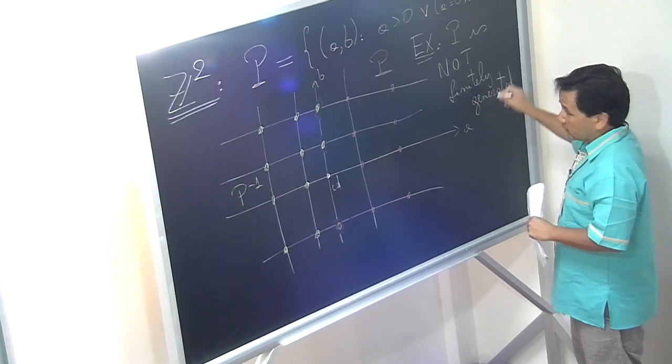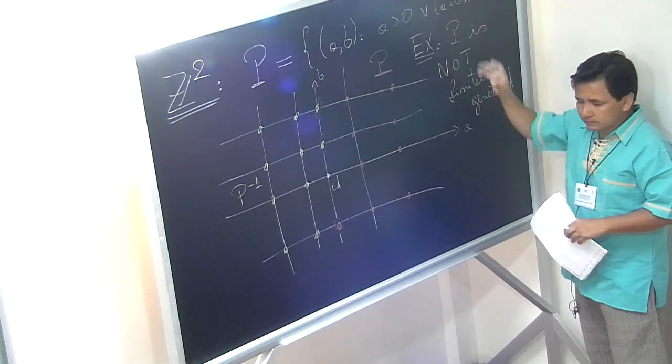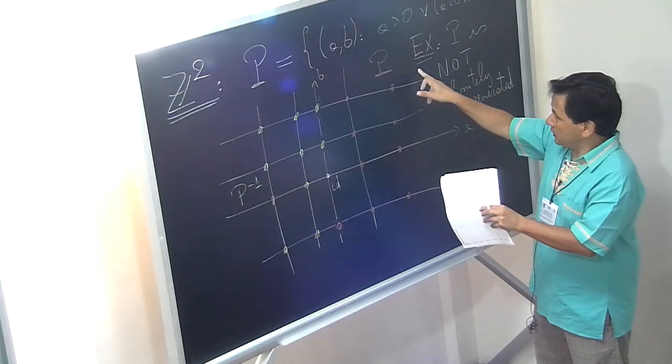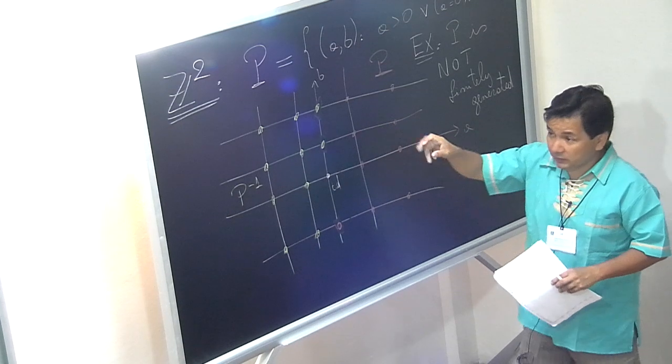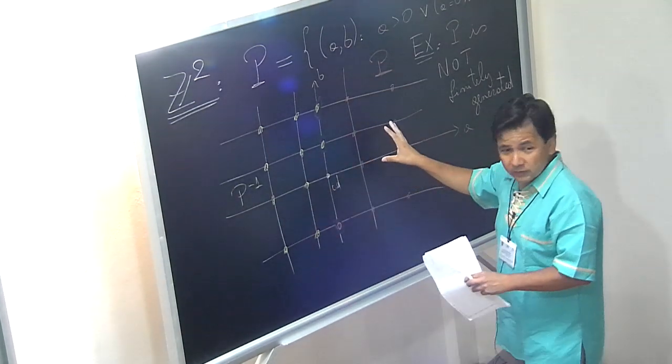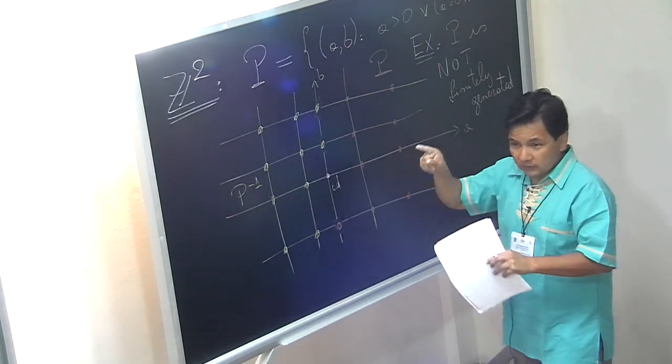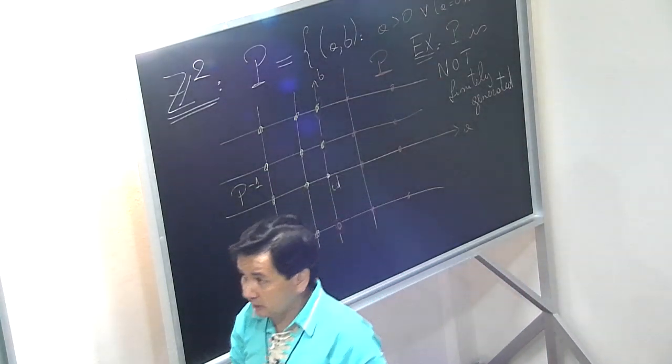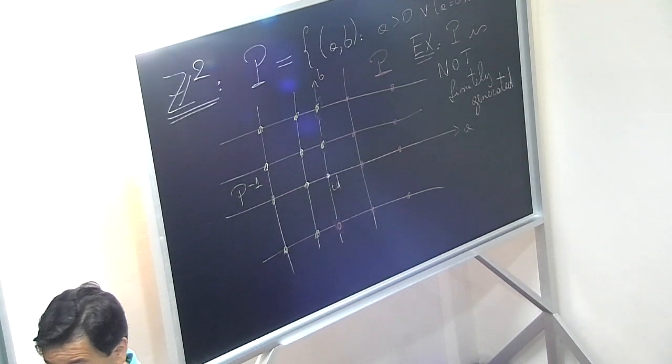This is a crucial difference. In the case of the abelian group, the semigroup is not finitely generated, but in this case, we have the same picture, except for the orientations. In that case, the semigroup is finitely generated. Actually, it is generated by 2 elements.